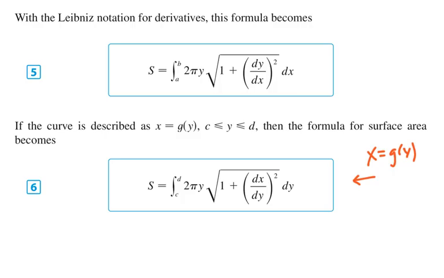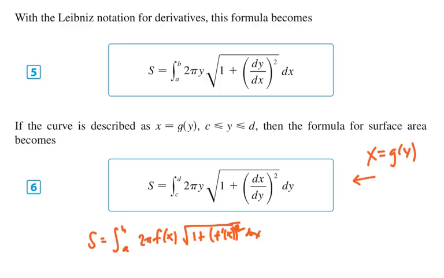It comes from the formula of surface area, where the surface area is the integral from a to b of 2 pi times f of x times the square root of 1 plus f prime of x quantity squared dx.